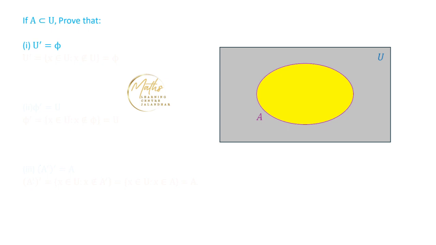Now next we have: if A is a subset of U, where U is a universal set, first of all we have to prove that the complement of the universal set is empty. If we look at this diagram over here, some set A is there, and this is the universal set that we have.